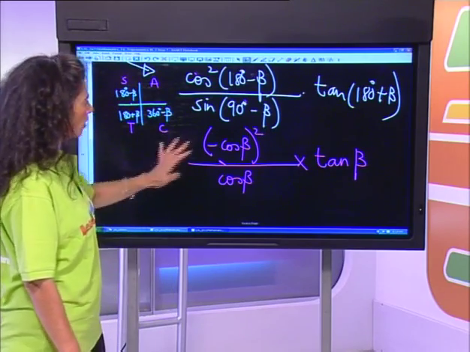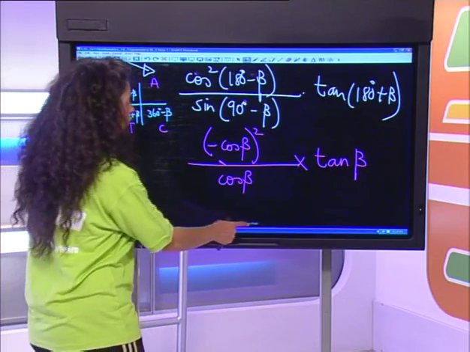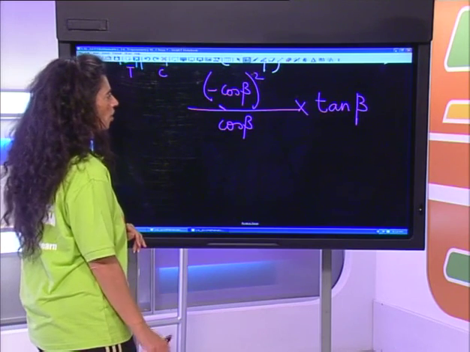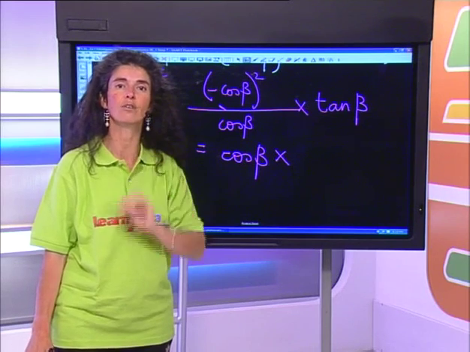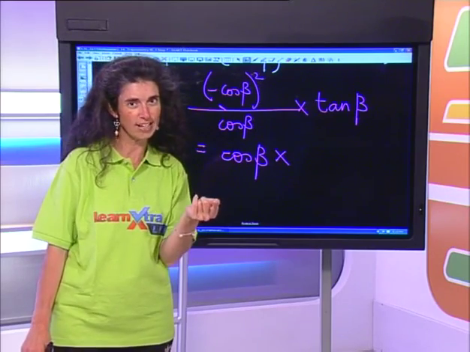Once we've got to that stage, then we can do some simplification, and we have that the cos can go into that cos, so we're left with a cos beta, and now we're multiplying it by tan. But a tan beta can be written as the quotient of sine over cos. Remember our quotient identity?